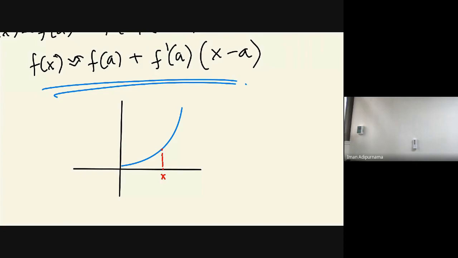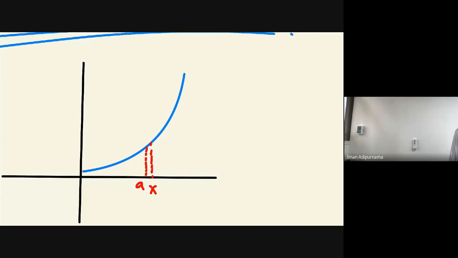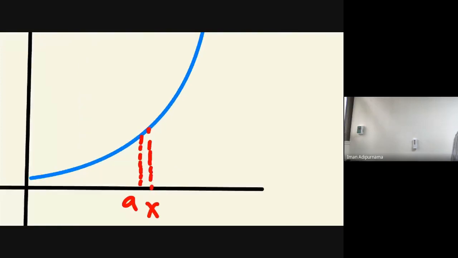But nearby x, let's say we have a. And a is easy. A is easy, x is difficult. Just like that. And we can approach this x with the tangent at a.